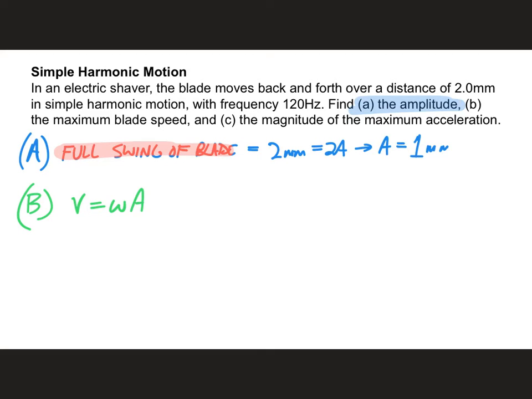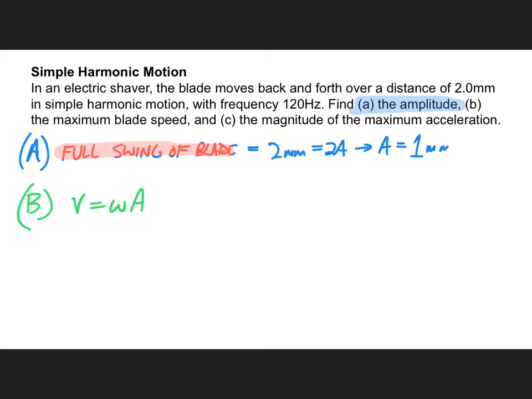So this is an equation that is essentially V equals omega R. We derived that. But our R in this case isn't the radius of a circle. Well, it is. On that sinusoidal graph, the amplitude is like the radius of the circle that would go with that graph, even though it's not moving in a circle.